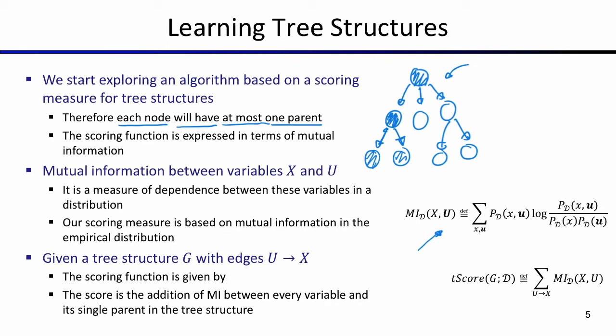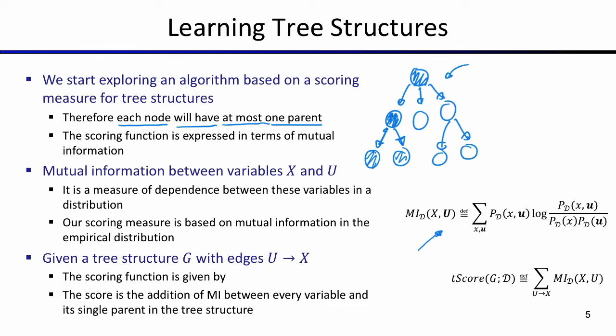So if we use the mutual information as this score, we can change the way that we evaluate the structure. Before, we had the structure, we looked at what the CPTs are, for each CPT we calculated the maximum likelihood estimates and used them to compute the log likelihood of the structure.